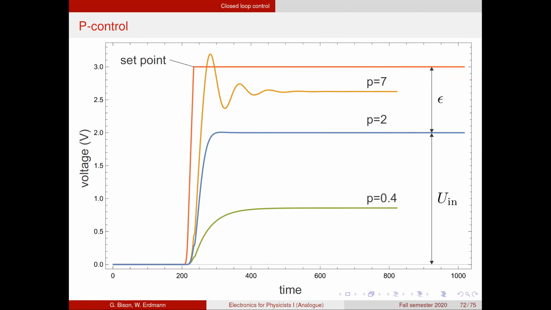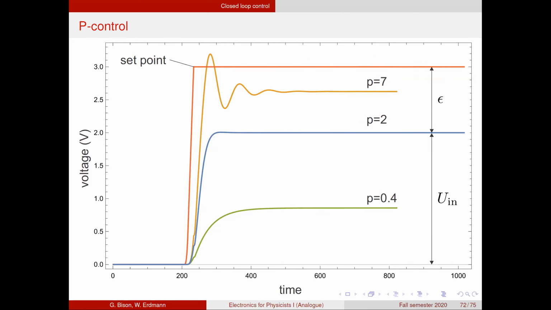If you increase the gain on a servo controller, then at a certain gain, you will start oscillating. And this might still be acceptable to have a few oscillations and then stable operation. But in principle, you would like to avoid that and go smoothly to the set point.